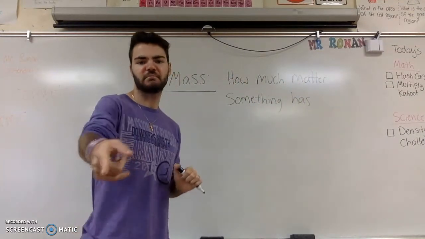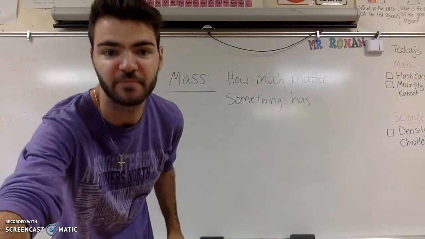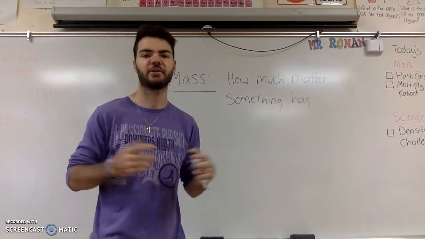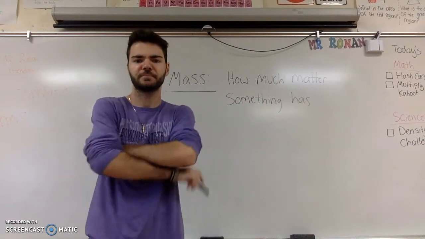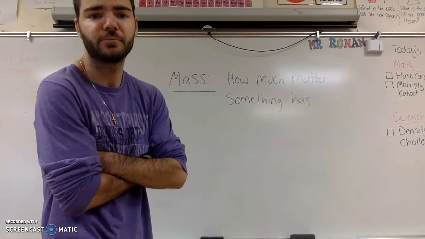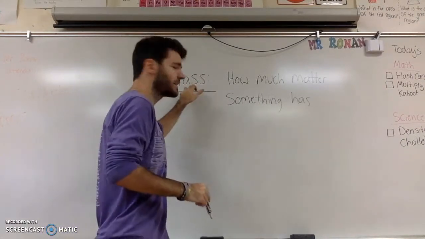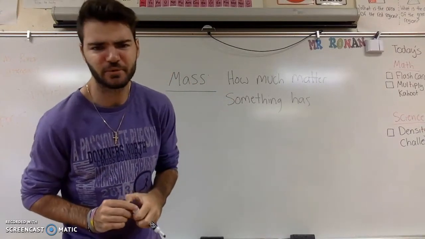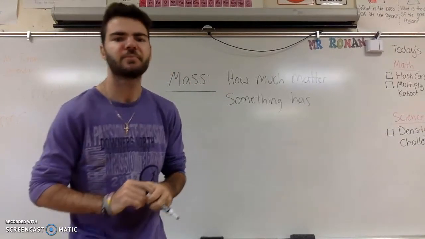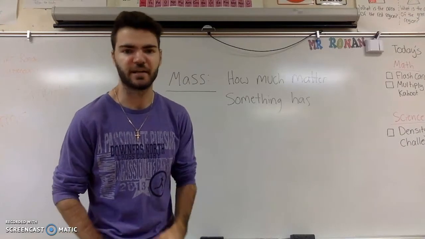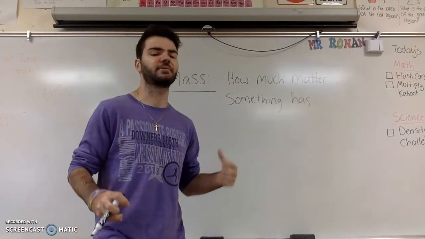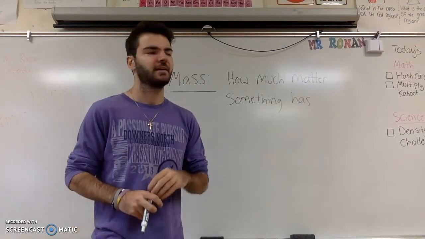Okay, so this desk that this computer is resting on is made up of matter. The air I'm breathing, it's made up of matter. It's stuff. Okay? Another word we need to, and actually, I'll go ahead and say mass is sometimes used interchangeably with weight. Okay, so if something's heavy, we'd say, oh, it has a lot of mass. If something is light, not heavy, we'd say, oh, it doesn't have much mass.